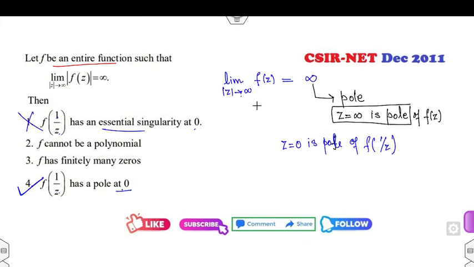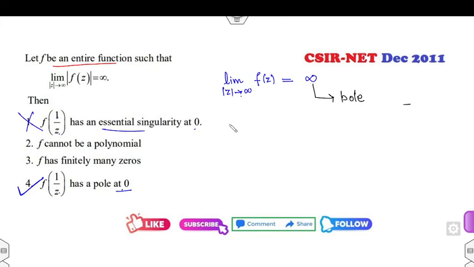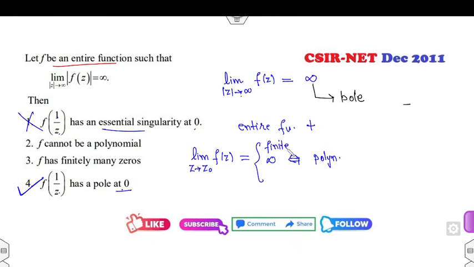Now, what is another shortcut trick? As I mentioned, once the function is entire, the limit as z approaches z naught of f(z) is infinity if and only if it is a polynomial; if it is finite, if and only if the function is constant; and if the limit does not exist, if and only if the function is transcendental.